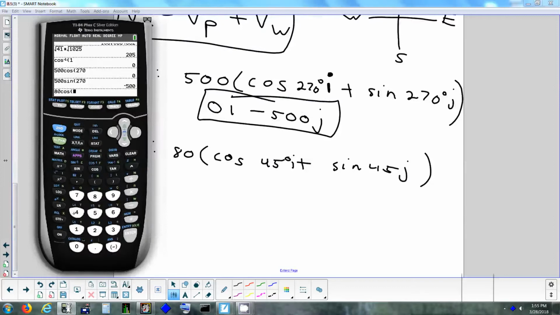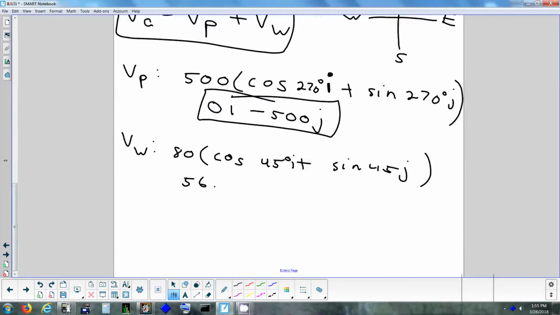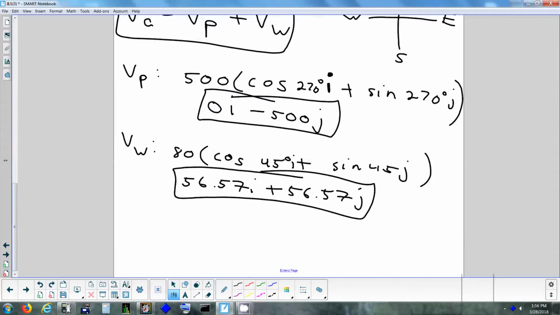So they're both going to be 56.57. So 56.57i plus 56.57j. Now I've represented everything in the problem as velocity vectors.